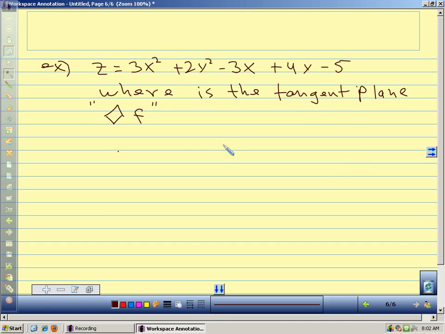Isn't that the same thing as what we could have done without the angle of inclination? We would just take the derivative with respect to x and the derivative with respect to y, and set them equal to 0? Yes, that's what we're doing right here.